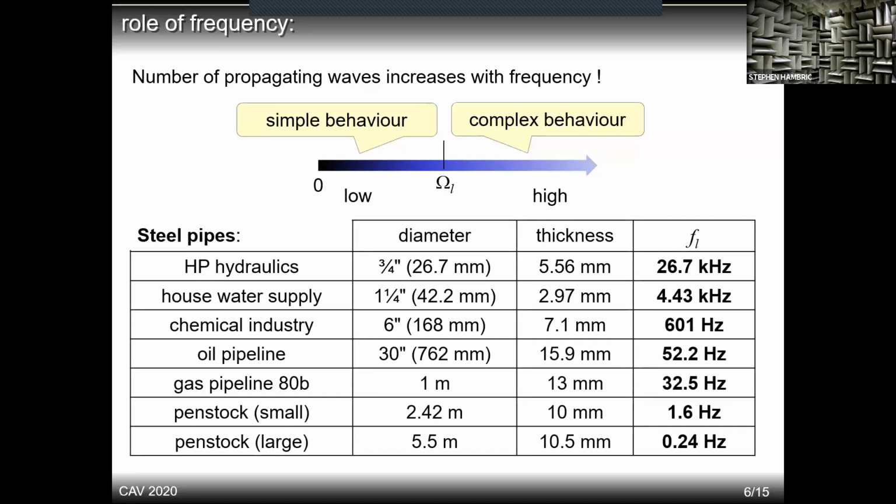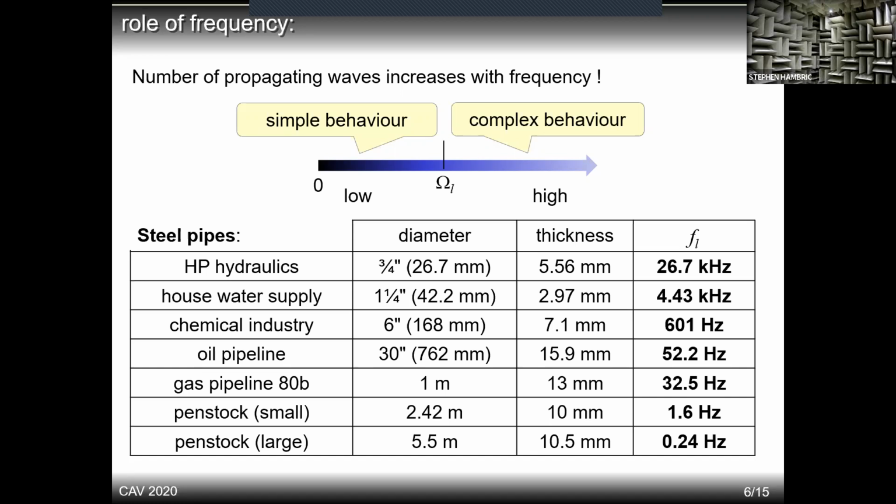If you look at the smallest pipe of 3/4 of an inch used in high pressure hydraulics, we see that the limit is 26 kilohertz. In other words, all the frequencies will be low frequencies for this pipe. If you look at the other extreme, a large pipe is used in penstocks of hydroelectric power plants.